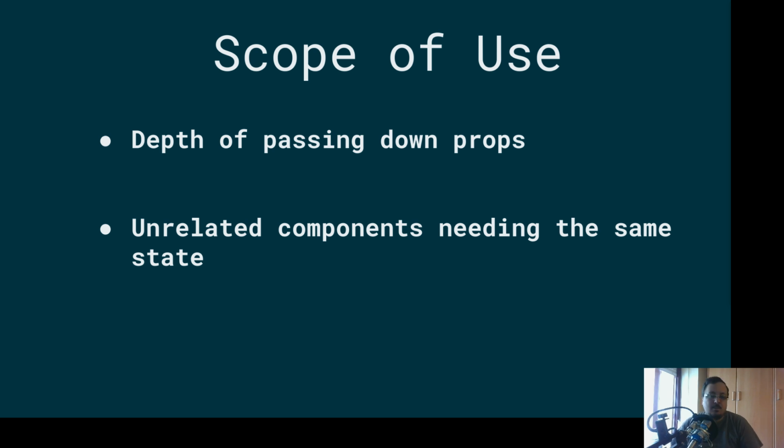The other example is when unrelated components need the same state, because we usually talk about related components like parents and children, but a lot of times in real life we have unrelated components, util components, data information components, and representational components, and we have to manage some information from there.